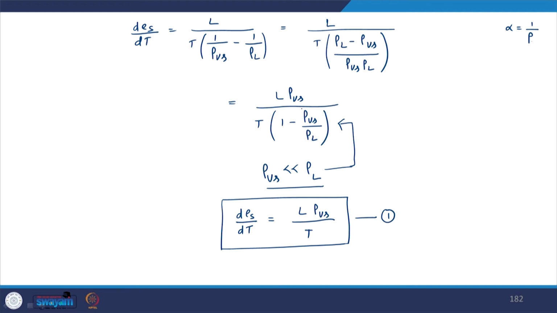So, we can neglect this entire rho Vs by rho L, and as a result we can write the change of the saturation vapor pressure with respect to the temperature is equal to the latent heat times the density of water vapor at saturation divided by the temperature. Right.